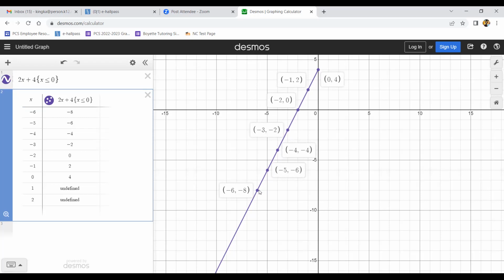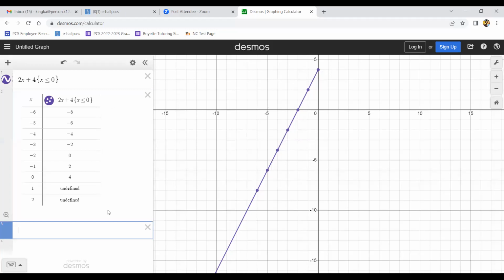We're going to show that the arrow is going to the left. So once you have graphed this part, then your paper should look like this. Everyone good so far? Okay.